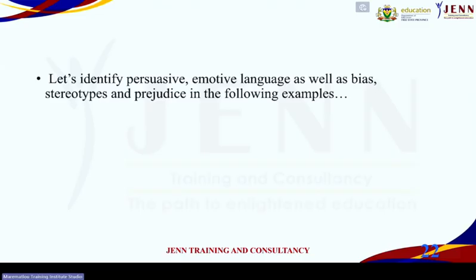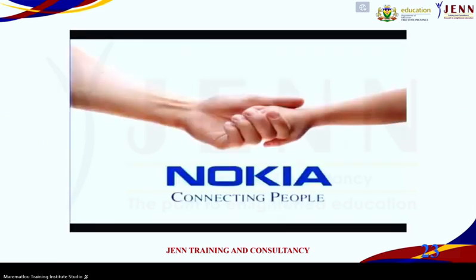Now, let's try and identify some persuasive and emotive language. We can look at some bias and stereotypes again in some of these examples. Let's practice a few together. Now, here we have an advertisement and a logo from a company, Nokia.